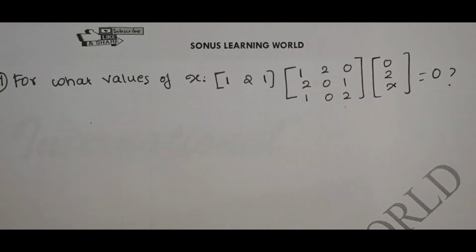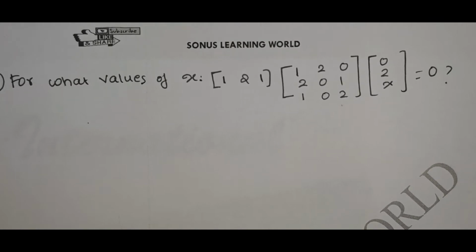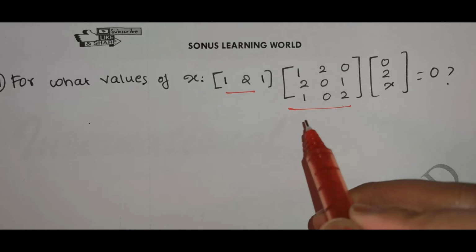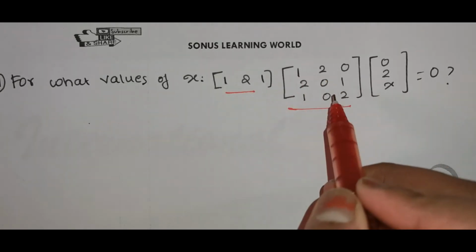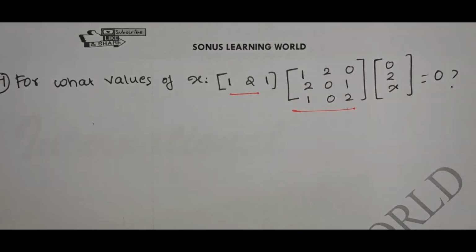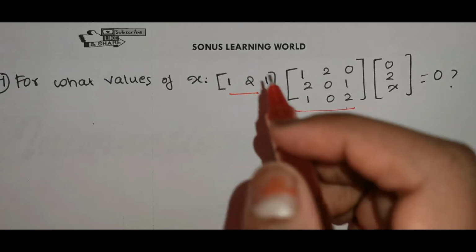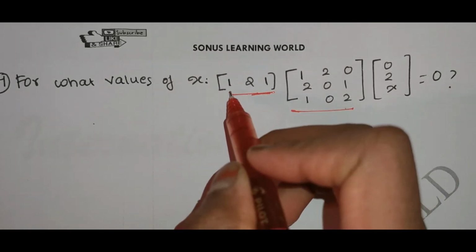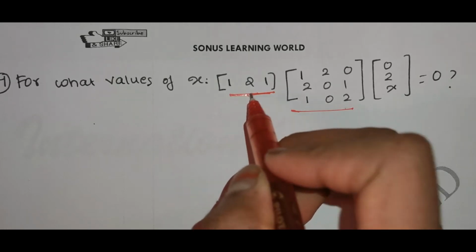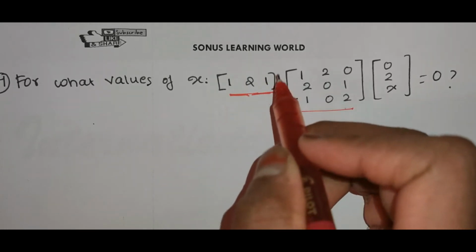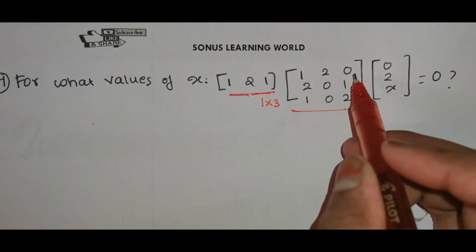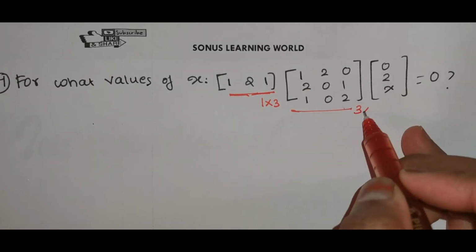So, first let us multiply these matrices. Here I am going to multiply the first two matrices first, and the answer I multiply with the third matrix. Students, what is the order of this matrix? It has 1 row and 3 columns, so this is a 1 by 3 matrix. This other matrix is a 3 by 3 matrix.